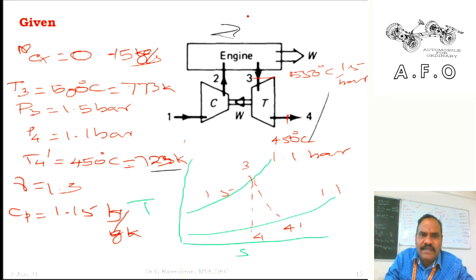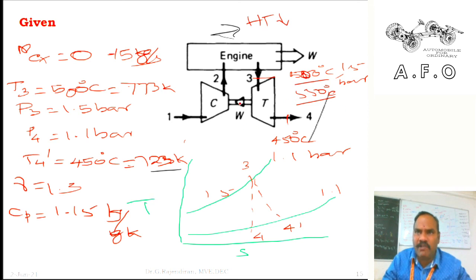So this heat transfer is reduced by increasing this temperature from 500 to 550 degrees centigrade. So what will be the increase of the power output? Second, if you are reducing the heat transfer, what are the benefits, or what is the change in terms of power output, in terms of economy and in terms of emissions? So this problem is over.